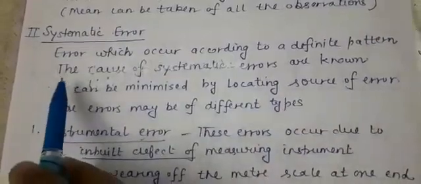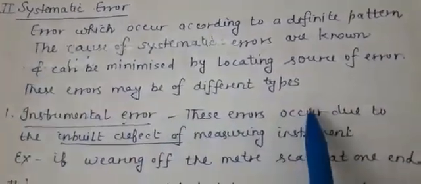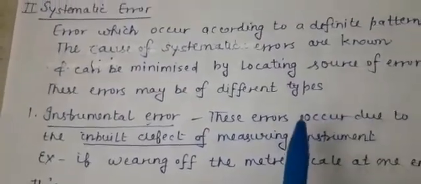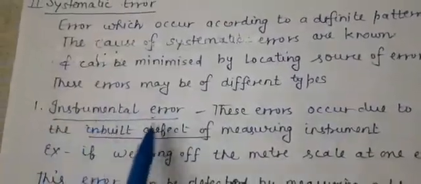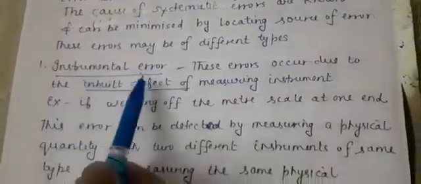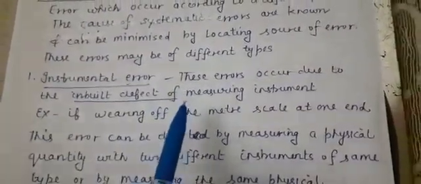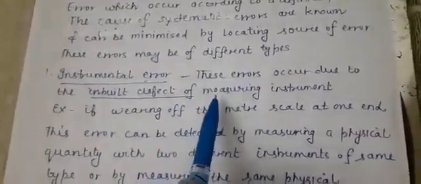But systematic error comes under different categories, so there are different types of systematic error. First of all, we are taking instrumental error. This we have discussed in the previous case also. Many points you will correlate with each other.